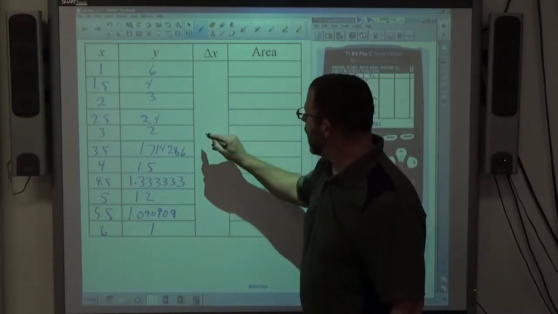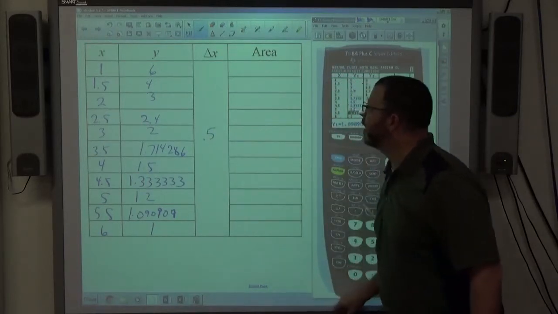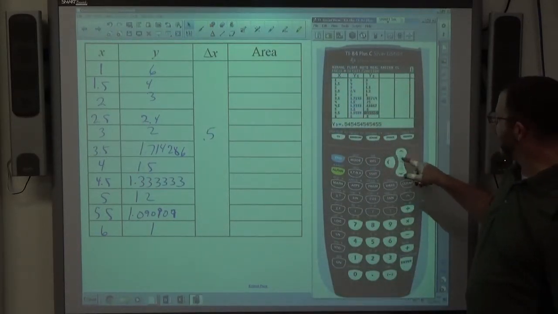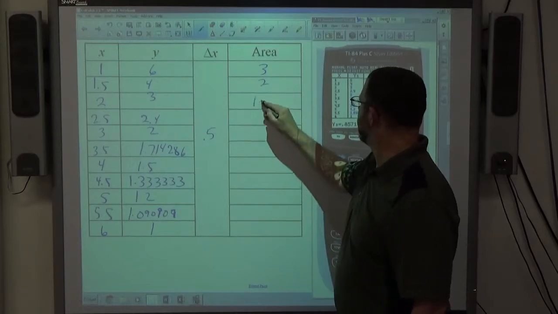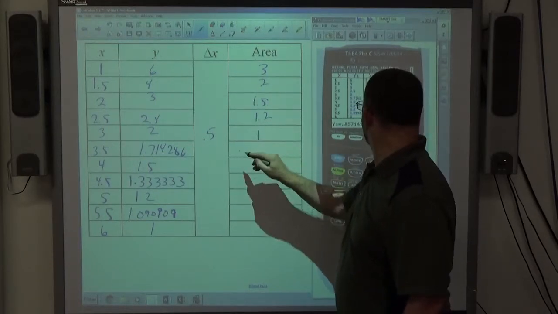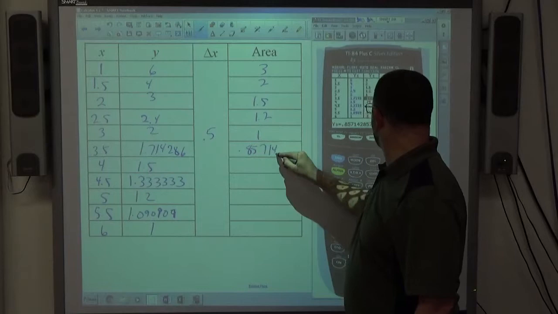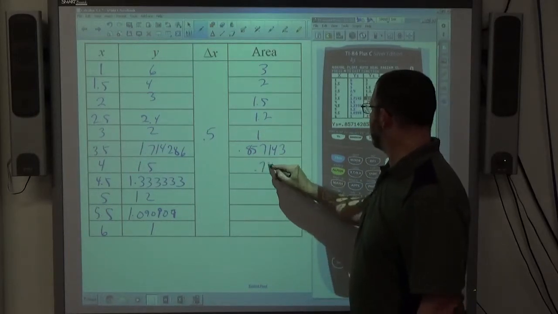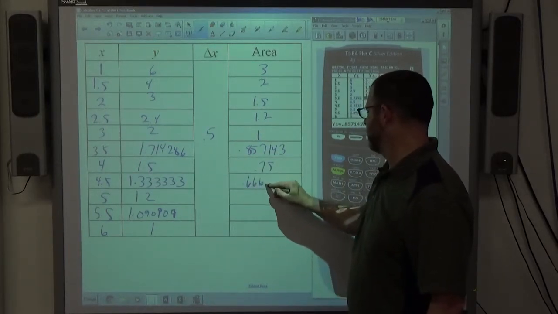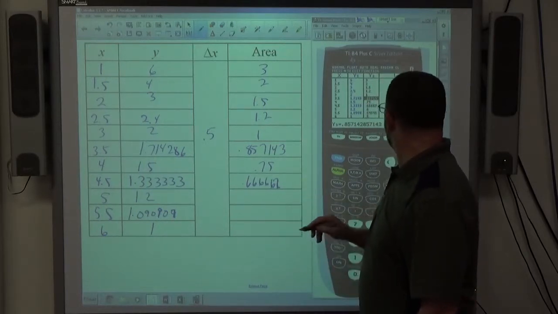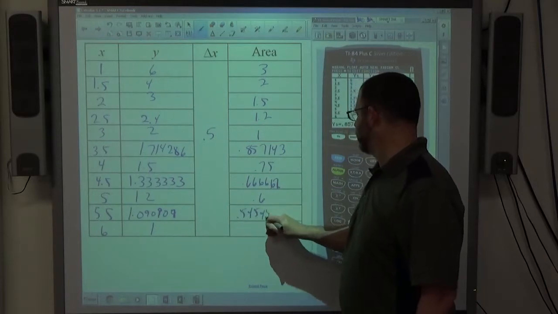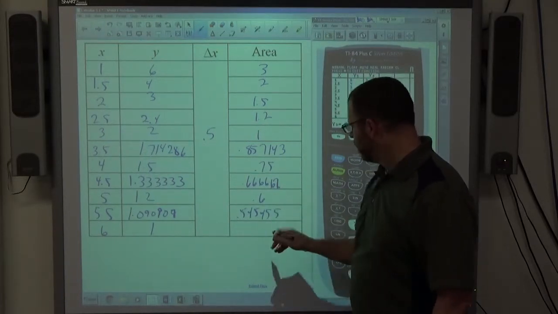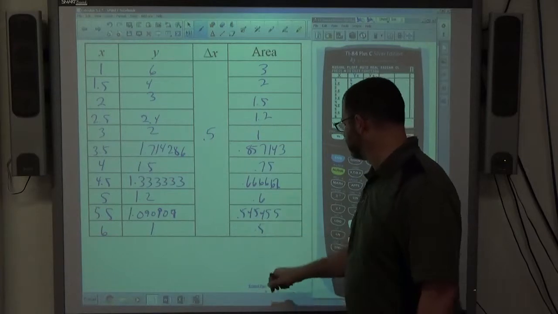All right, so delta x was 0.5, and then area is just this column, and again we got a few decimals here that go beyond. So 3, 2, 1.5, 1.2, 1, 0.857143, 0.75, 0.666667, 0.6, 0.545455, and then 0.5.